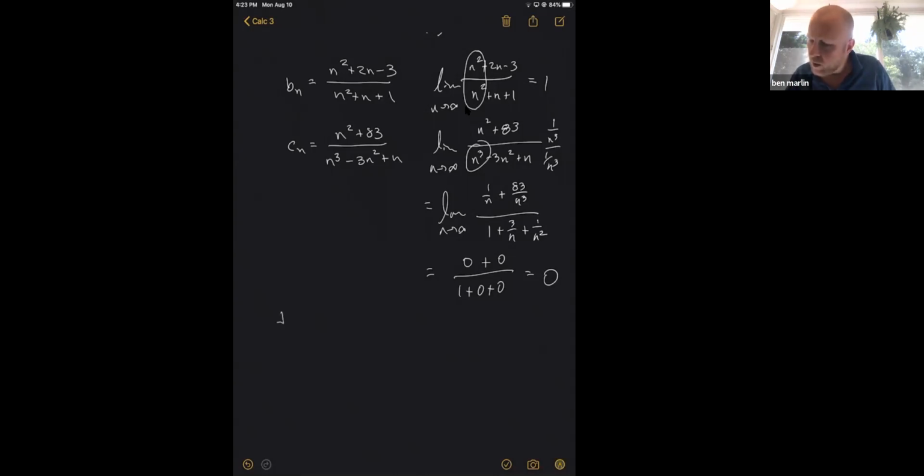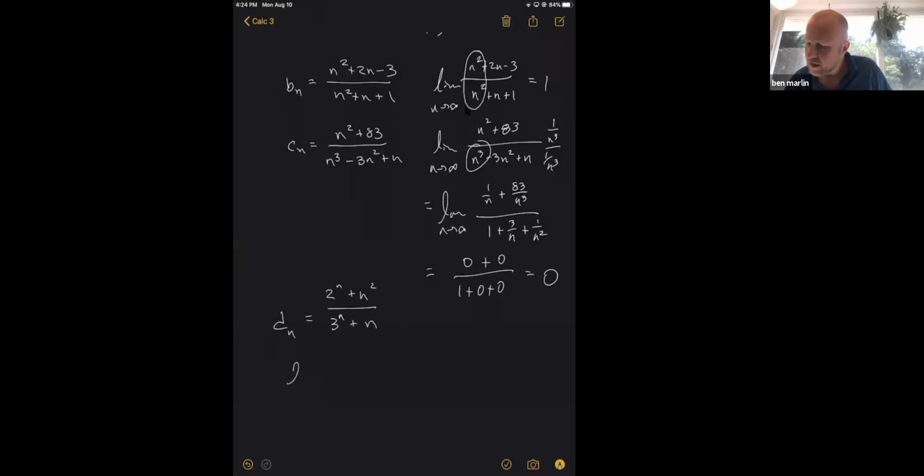So then one more quick example on this. And in this one, I'm going to go ahead and use some exponentials and have 2 to the n plus n squared divided by 3 to the n plus n.